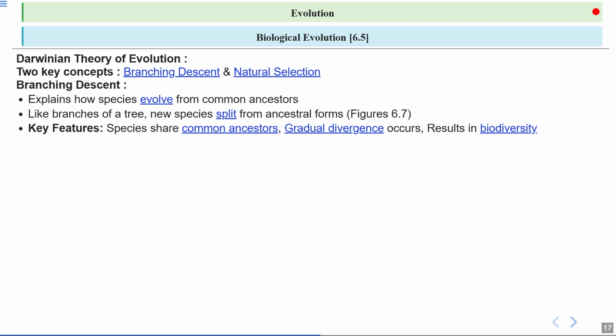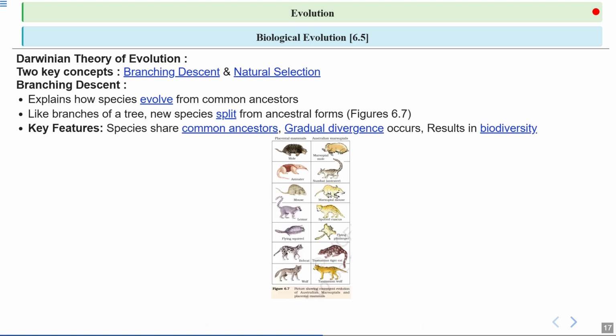The species share a common ancestor and gradually they diverge from this common ancestor, and this creates different species, this creates biodiversity. Clear? Like adaptive radiation in placental mammals and Australian marsupials. Clear?